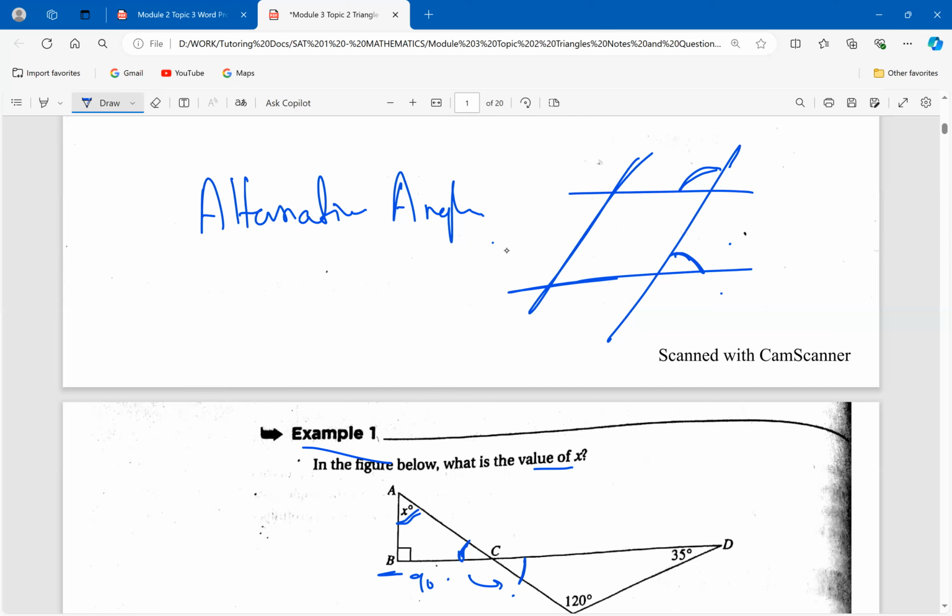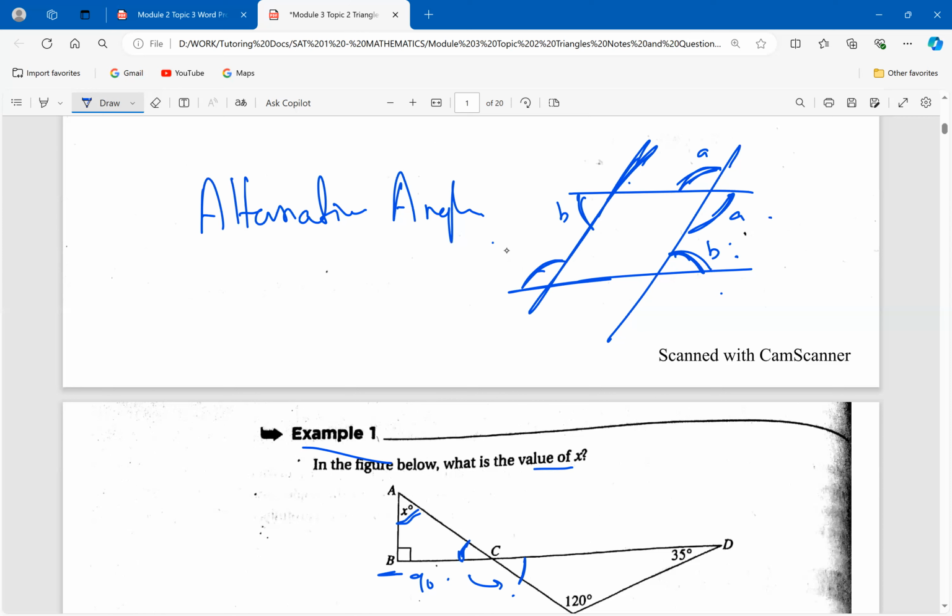No, not this one, okay? This is also same, this is also same. You see these two are vertically opposite. If I write A and A, they're vertically opposite. This one and this one, B and B, they're alternate angles here. Yeah, we need two intersecting lines as well.